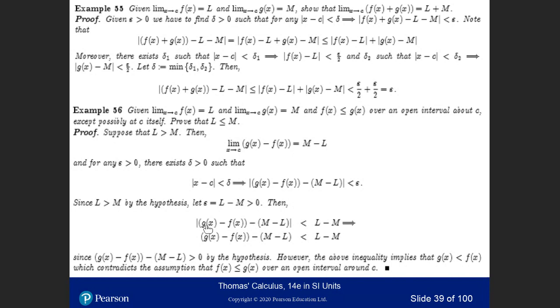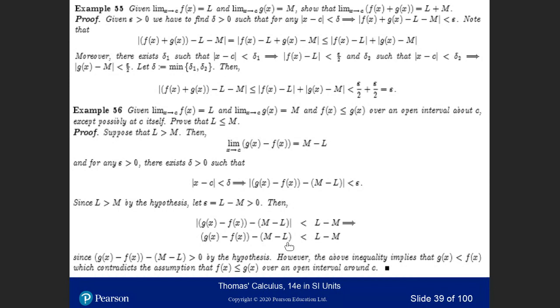If you open this up, since L is greater than M, that's a positive number too, because I assumed that L is greater than M. So this is a positive number in total, and I can forget about the absolute value, because the absolute value of a positive number is equal to itself.